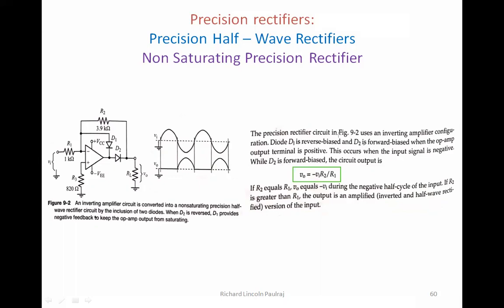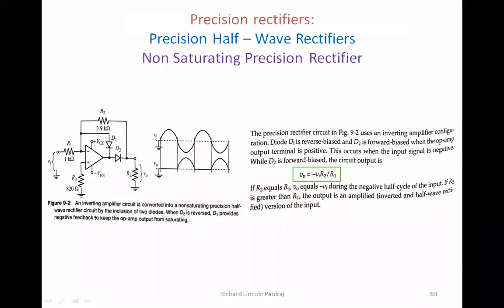The precision rectifier in the figure uses an inverting amplifier configuration. Why is it inverting? Because the input is given to the negative terminal. Then diode D1 is reverse biased and diode D2 is forward biased when the op-amp output terminal is positive. So these two are working differently. When one is forward, the other diode is reverse biased, and we know in reverse it doesn't conduct.